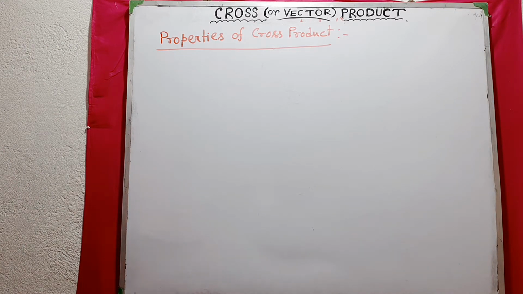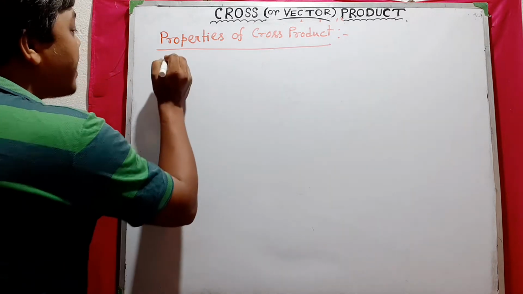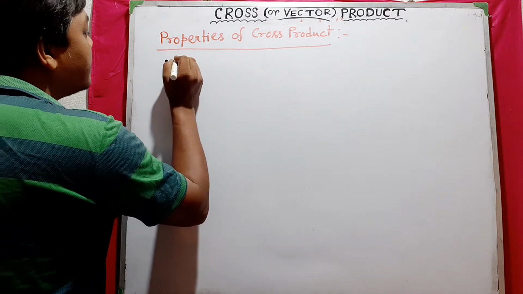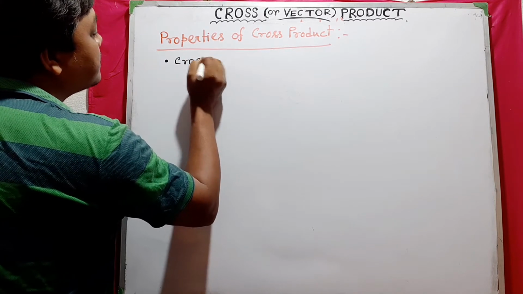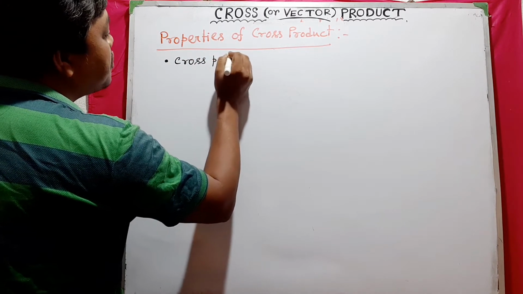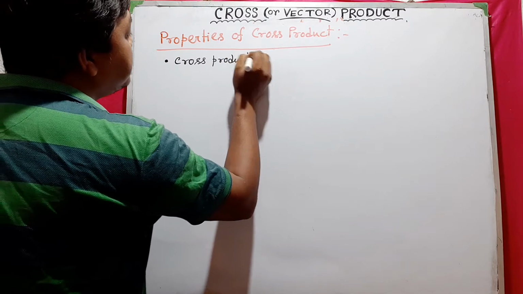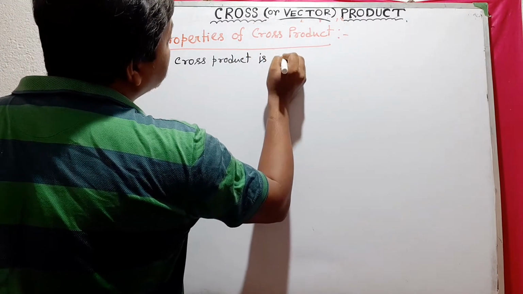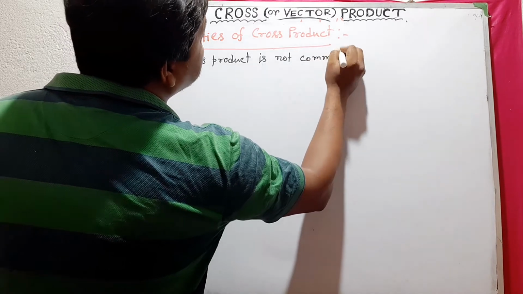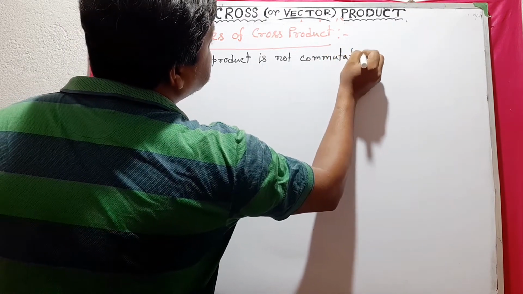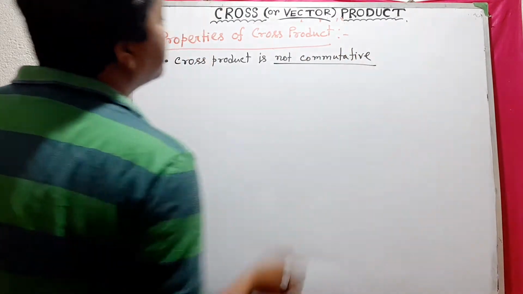So first property, cross product is not commutative.